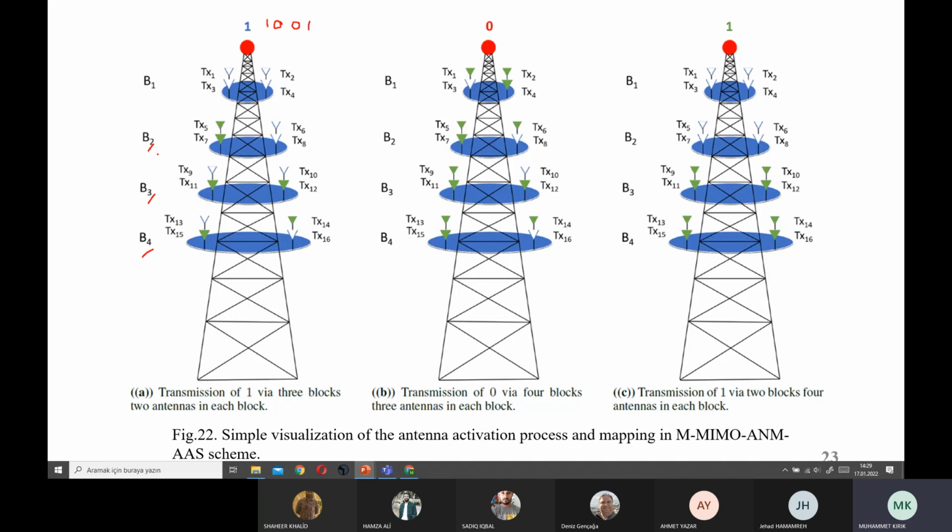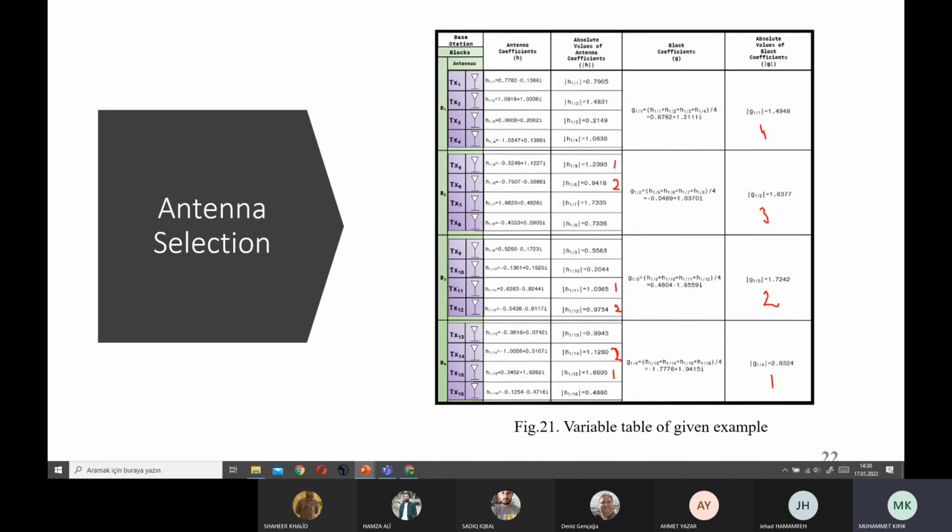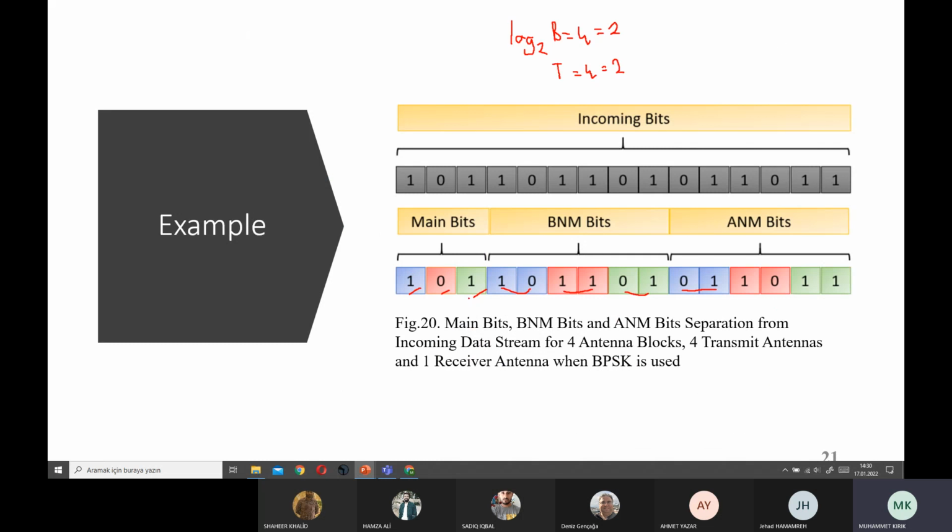And similarly, we are transmitting this 0 by using 1, 1. 1, 1 means activating 4 blocks, and 1, 0 means activating 3 antennas in these active blocks. So when we see this figure, we are transmitting the 0, we are activating all the 4 blocks, and we are activating 3 antennas in those active blocks. And lastly, we are transmitting the 1.